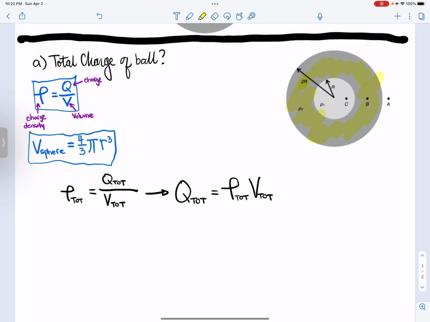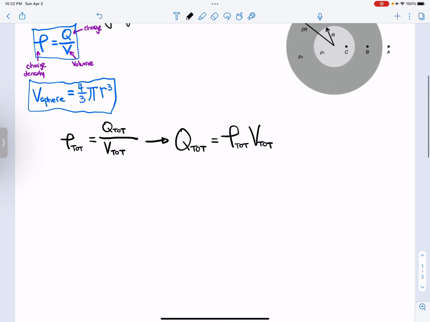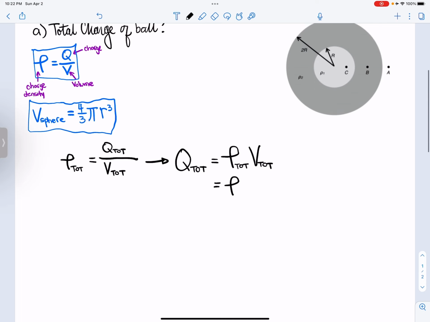So that's equal to density 1 for the inner layer times volume 1, plus charge density 2 times volume 2 for the outer layer.